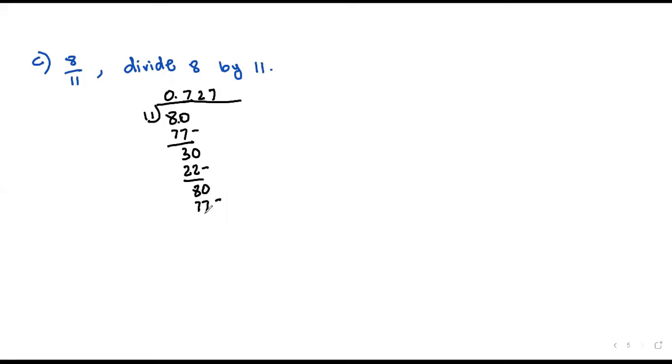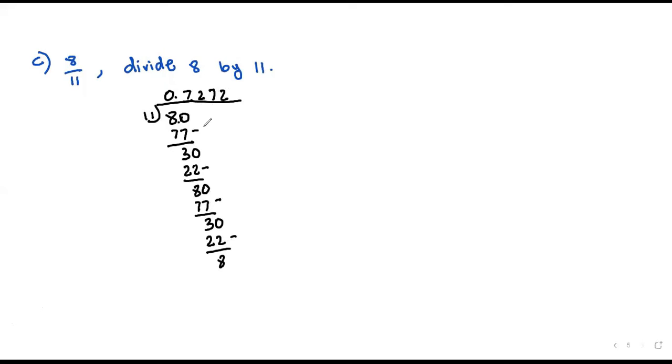Minus, we get 3. This is the 3 that we had. So 3 by 11, write 0, and 30 by 11, we get 2. 2 times 11 is 22. When we subtract, we get 8. Oh my God.